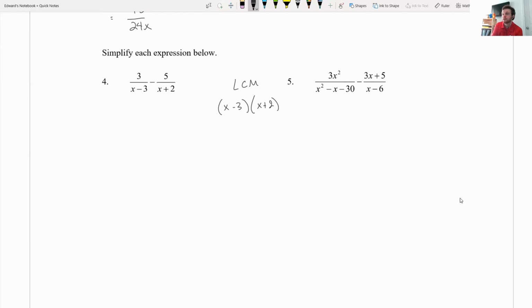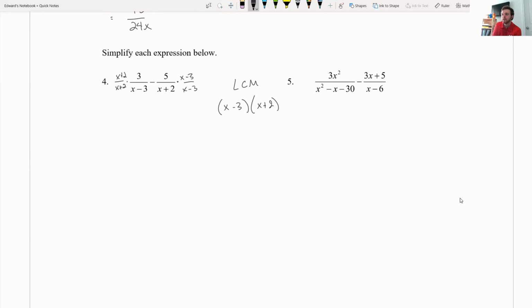So that's our LCM. Let's go ahead and get that LCM on both these fractions. I'm going to multiply this one by x plus 2 over x plus 2. That is 1, the identity property of multiplication. Correct me if I'm wrong. And then we have x minus 3 over x minus 3.